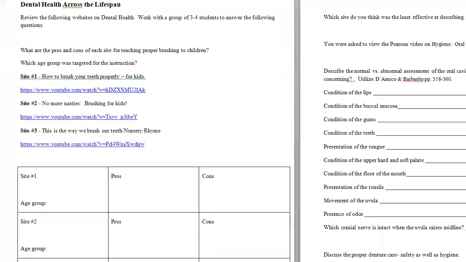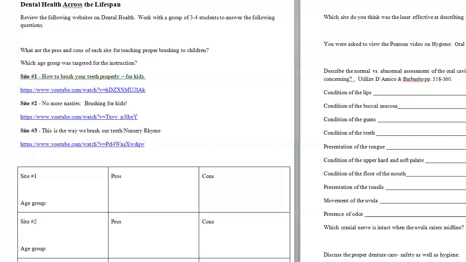Now we come across dental health. And this is especially important when we're talking about children's health, children's dental health.